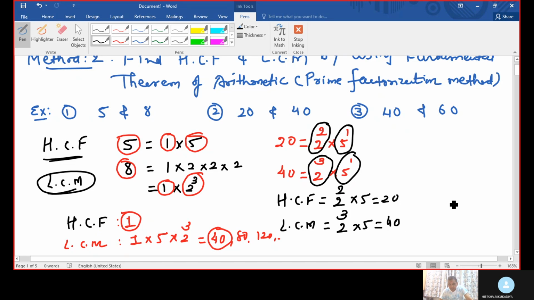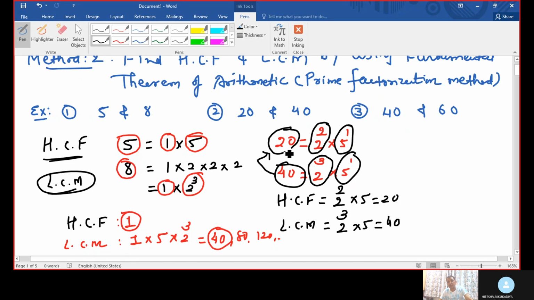Now look here. We found the HCF and LCM of 20 and 40. But remember, 20 is a factor of 40, and 40 is a multiple of 20. When we speak the table of 20, 2 tens are 20, 2 twenties are 40, right?